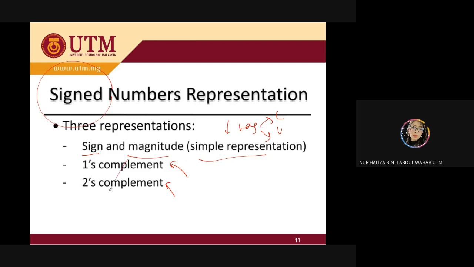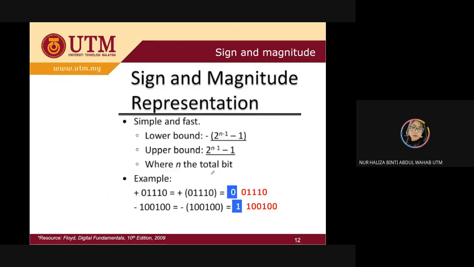For unsigned, there is no casting. Why? Because later on you will see, if you just use sign magnitude representation, when you want to add or subtract, you will sometimes get errors. That's why you need these two techniques for adding and also subtracting. Later we will look at it, okay?